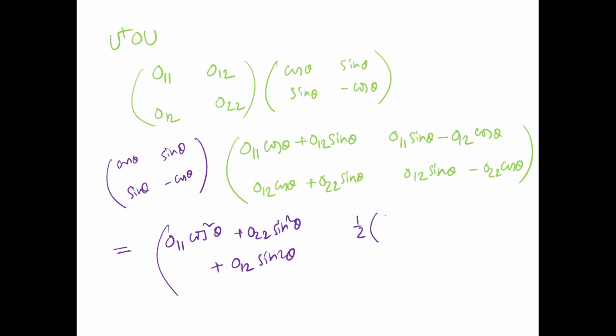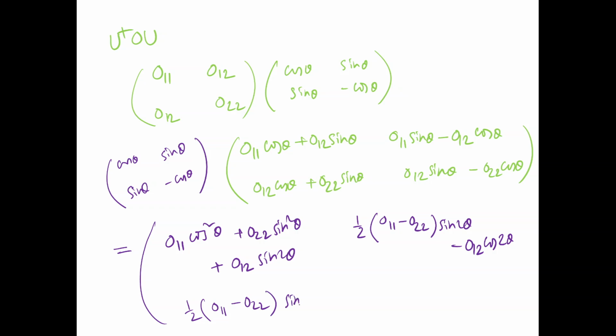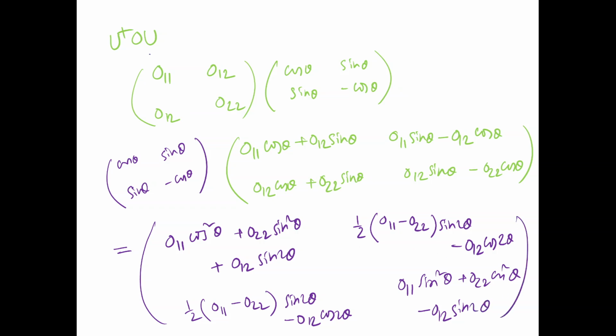Then your off diagonal term is half O11 minus O22 sin 2 theta minus O12 cos 2 theta, and the other one is half O11 minus O22 sin 2 theta minus O12 cos 2 theta, and the last diagonal term is O11 sin square theta plus O22 cos square theta minus O12 sin 2 theta. Now this is your U dagger O U.